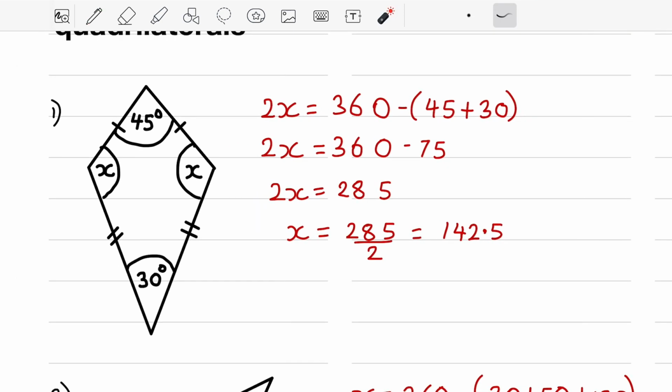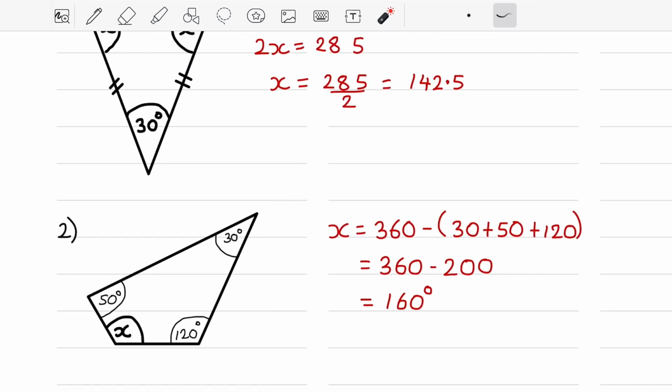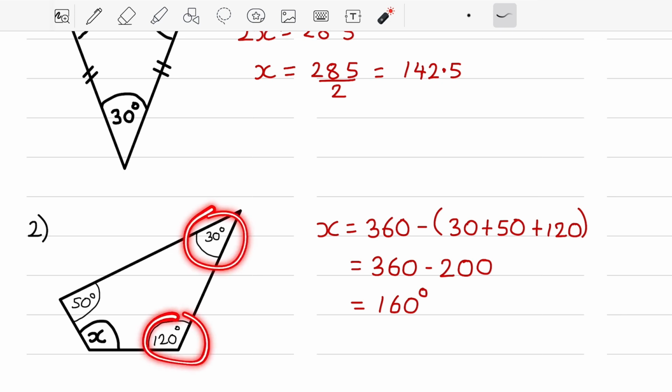Alright, so 360 take away these two angles will leave you with 285. We divide that into 2, you get 142.5. Number 2, we add the given angles and we subtract them from 360, which will give you 160 degrees.